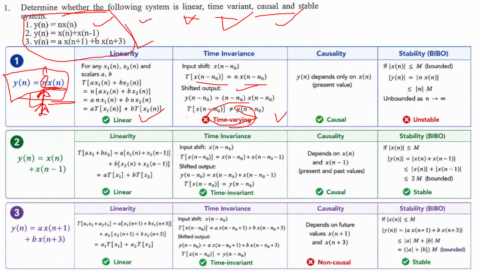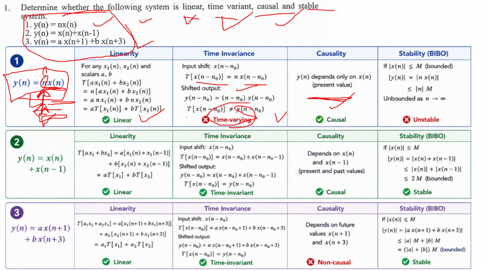Causality means if it depends on either the present or the past, then it is causal, otherwise it is non-causal. Here it depends only on the present, so this is causal. Non-causal means future dependency. Then the last one is stability. You have to check whether this is stable or not.